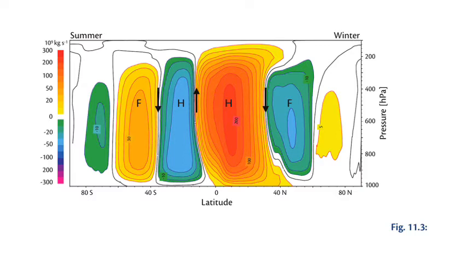And then the arrows give you a sense again of rising motion near the equator. In this case, they've plotted the winter hemisphere. You can see the Hadley cell is much stronger than the summer hemisphere cell, and it extends much farther into the summer cell. So we'll come back to that a bit later.